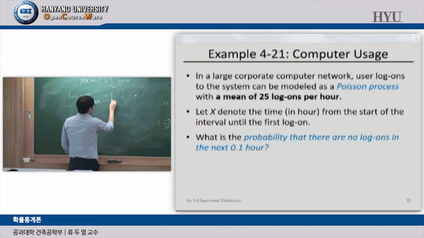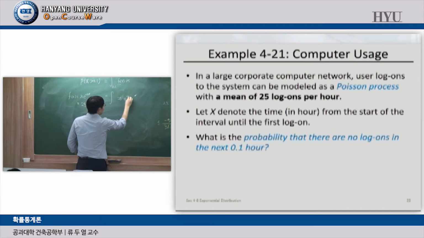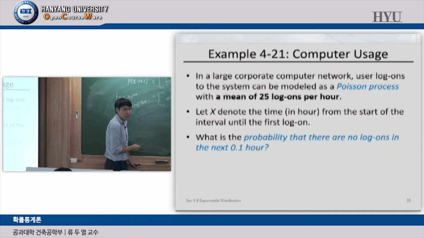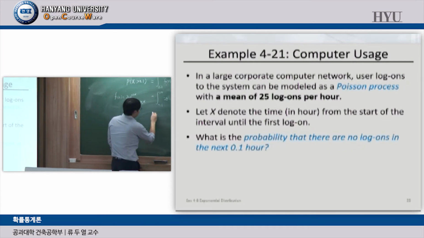This can be written as the integration of 25 e^(-25x) dx from 0.1 to infinity, and this will be minus e^(-25x) from 0.1 to infinity.